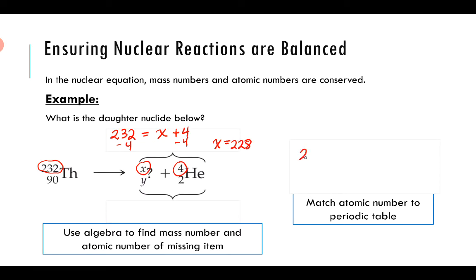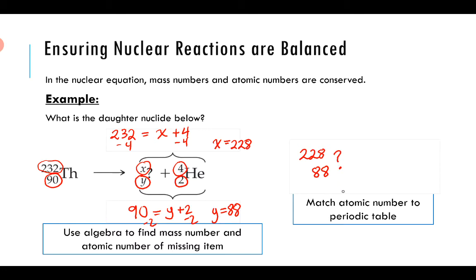So I'm going to go ahead and write that as a mass number in the symbol. Okay, and now I have my y and my 2, which is equal to 90. And so 90 is equal to y plus 2. Subtract 2 from both sides, y is equal to 88. So my atomic number is 88.